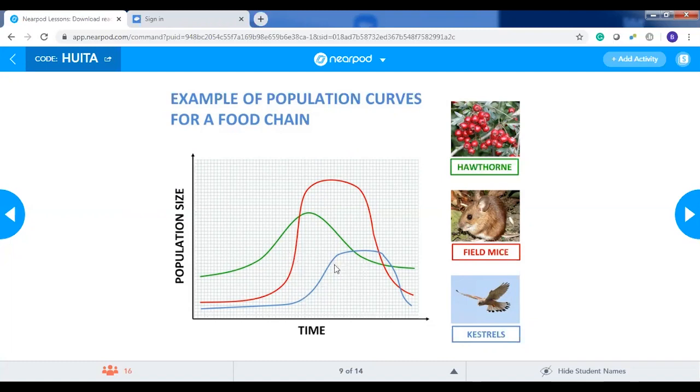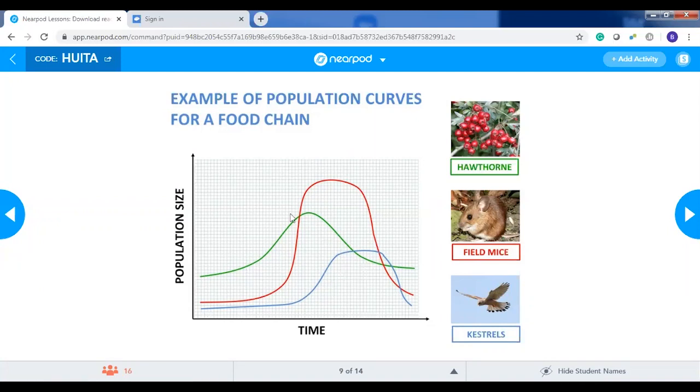This is how the population curves are connected in a food chain. So at the beginning, all the changes will happen at the bottom of a food chain: a producer, then primary consumer, then secondary consumer.